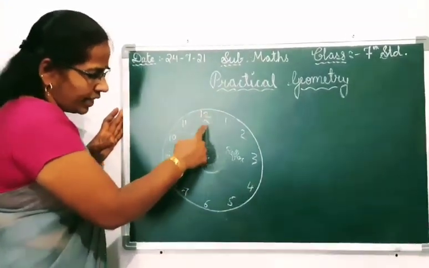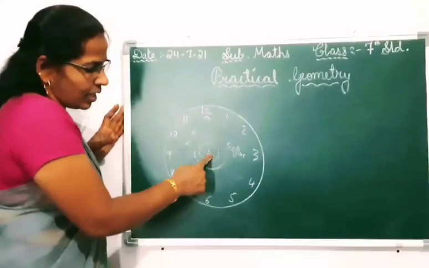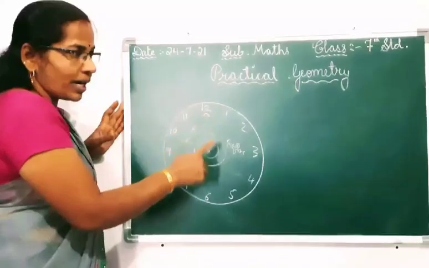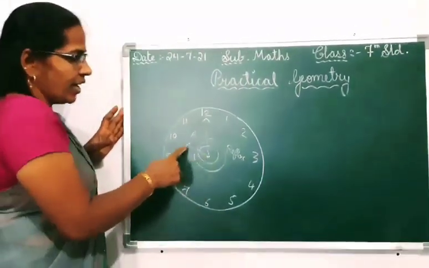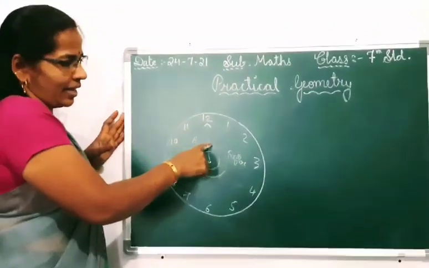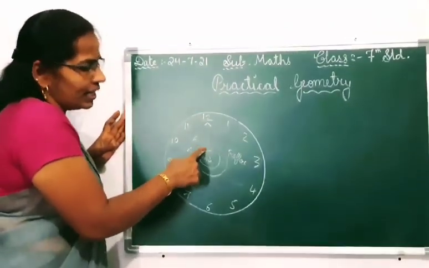Okay, more than 180 degree you can observe here. Straight line means 180 degree. But this shows more than 180 degree, but less than 360, because if this line touches here it is a complete angle. But reflex means more than 180 but less than 360.